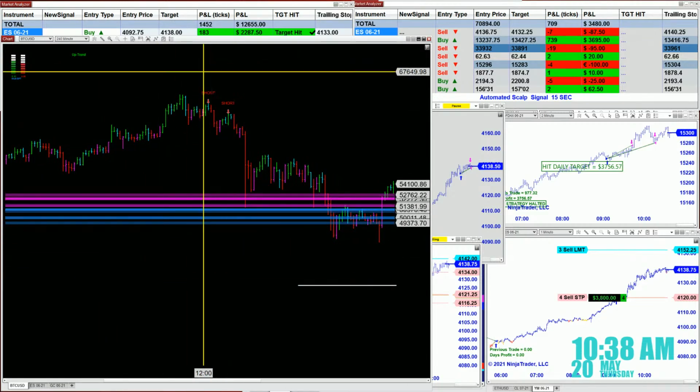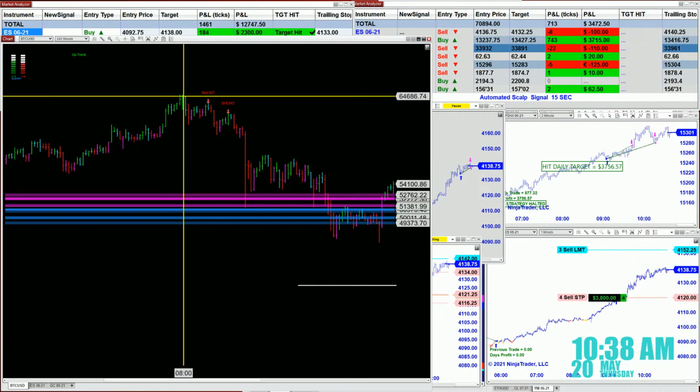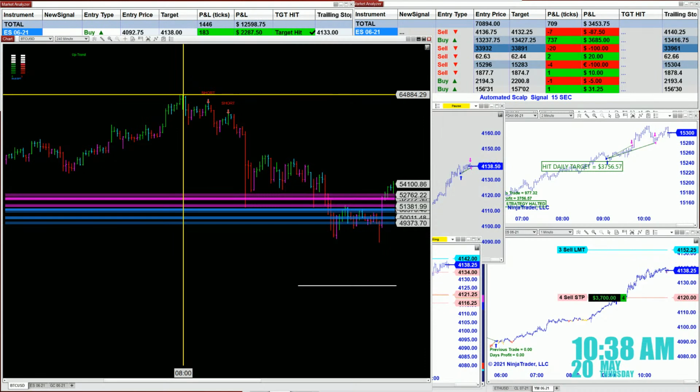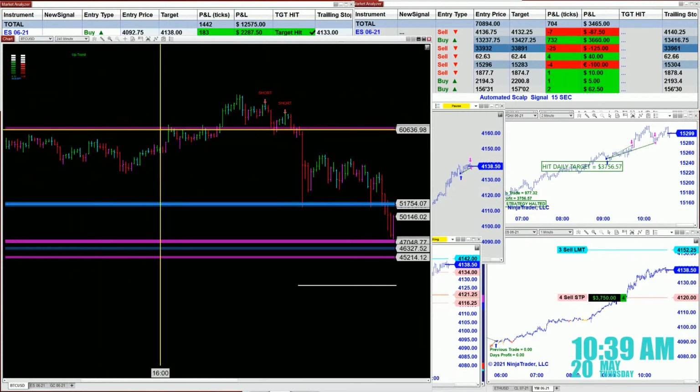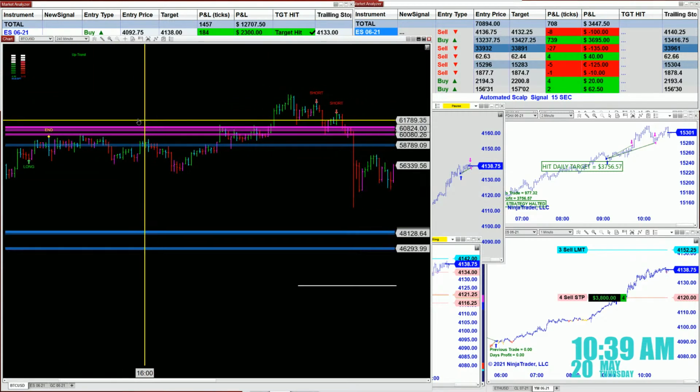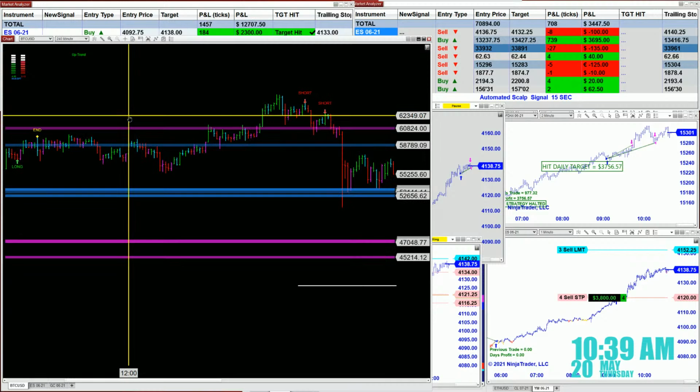This is the high of the cryptocurrency when it hit the news: 64,884.29.